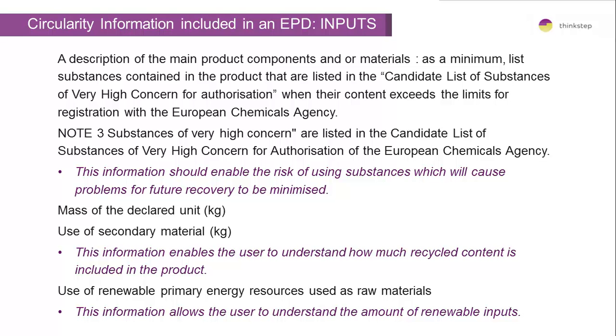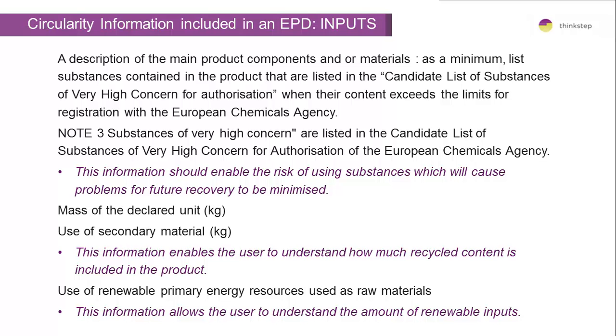In terms of the information on the inputs that's actually provided, an EPD should provide information on the input materials that are used. It should provide you information on what's actually going into your product, and certainly at a minimum anything that's covered by the REACH directive, so substances of very high concern. So you have that knowledge to look at what might cause you problems in the future.